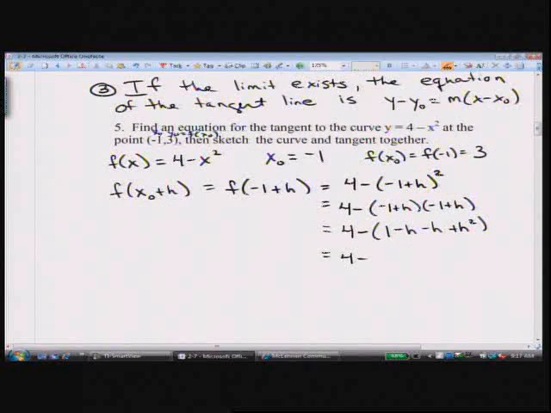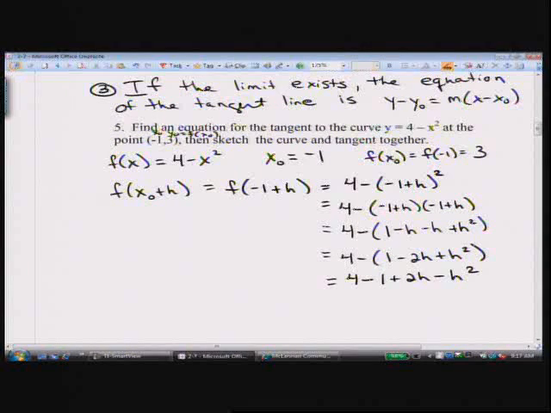And so then this is 4 minus 1 minus 2h plus h squared. There's probably a day where you can jump from this step to that step. Hopefully that day has occurred. Okay, and then this is distributing the negative: 4 minus 1 plus 2h minus h squared.